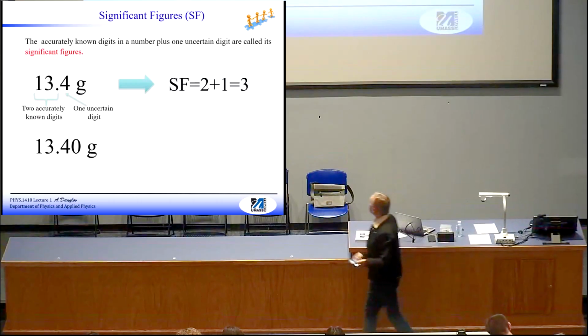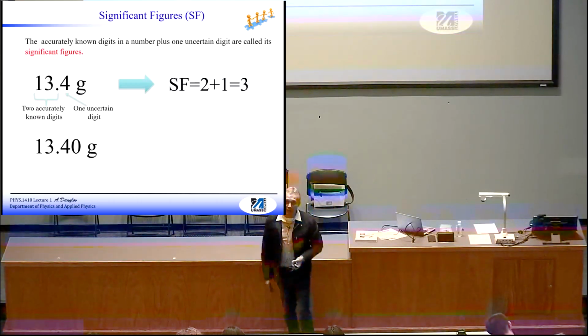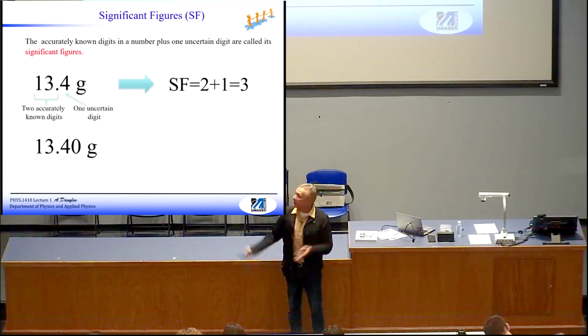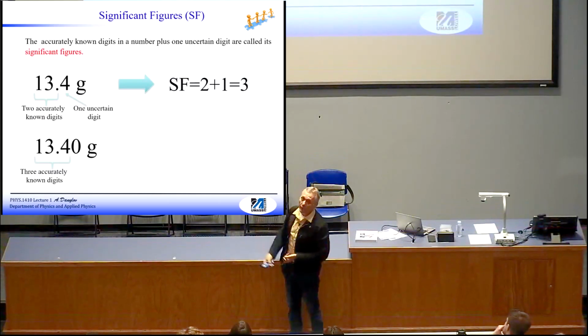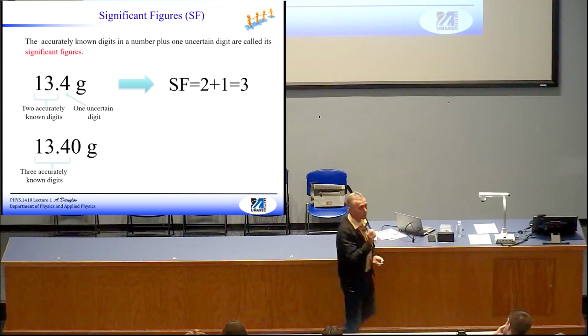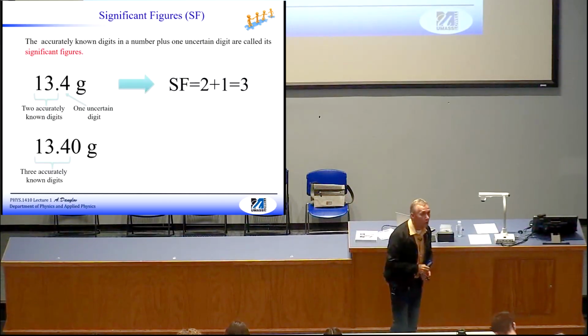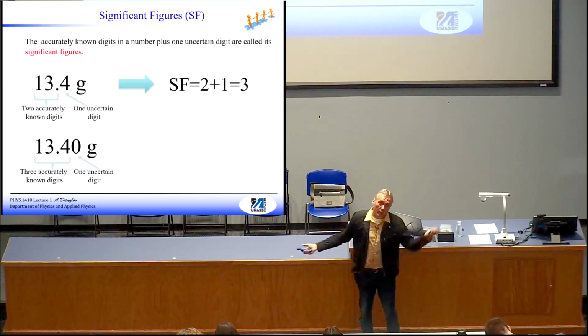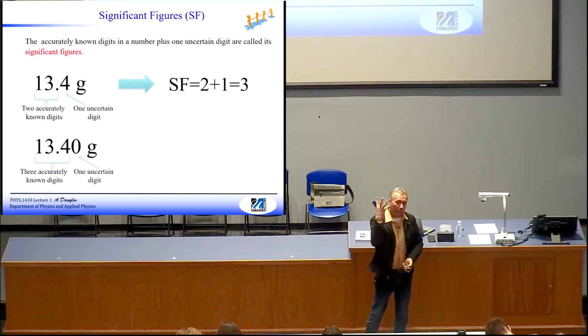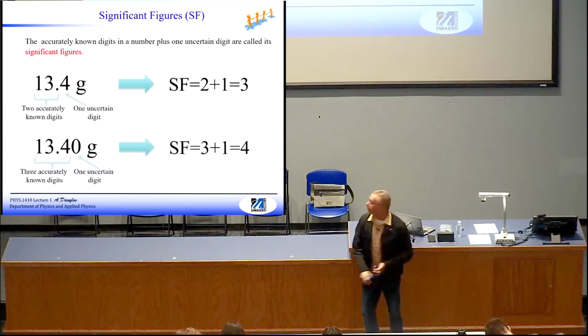Then another example. Let's say we added 0 at the end. So now that 0 emphasizes that uncertainty is over here. And now 1, 3, and 4 are accurately known. Again, we can bet all our money on those digits. Right? So now we have 3 accurately known digits plus 1, which is uncertain. So we have 4 sig figs, significant figures, right?